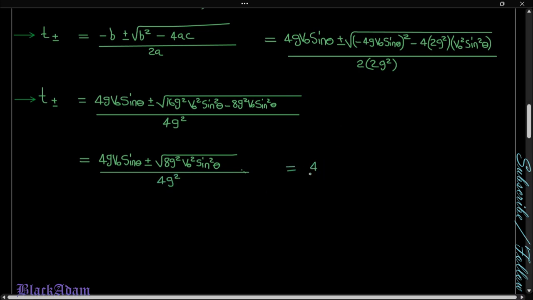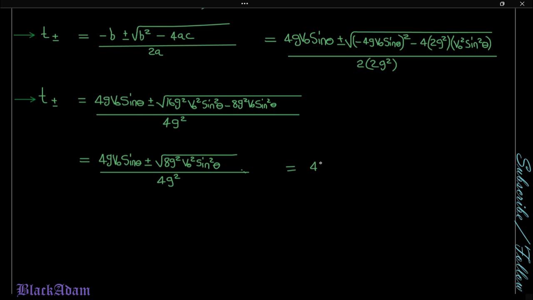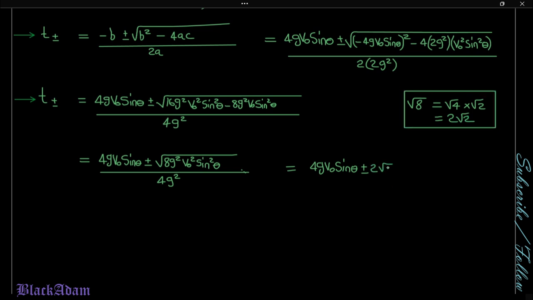So that's going to be 4g v initial sine theta plus or minus, so we have root 8 is going to be root 4 times root 2. Root 4 is 2, so it's 2 root 2. So we have 2 root 2, and then rooting everything there gives us from g squared to g, v initial squared to v initial, sine squared theta to sine theta. We root all that what's inside, and then divided by 4g squared.